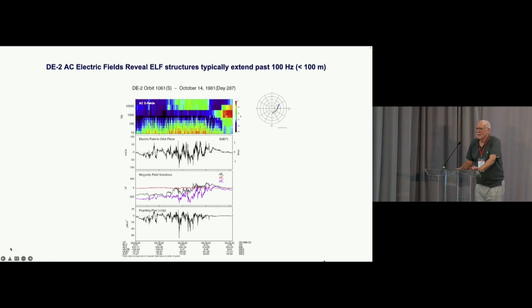You said you recovered more data. I looked at DE2 data as a graduate student, so I was just curious what more data you recovered. It's true, we did. We have a data center at Goddard, right in our E-field group, and Steve Martin is our data manager.